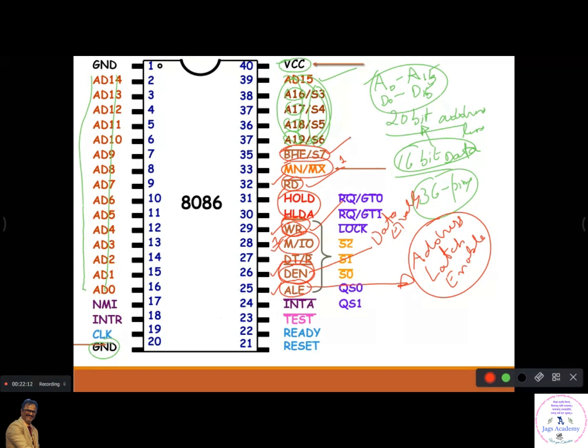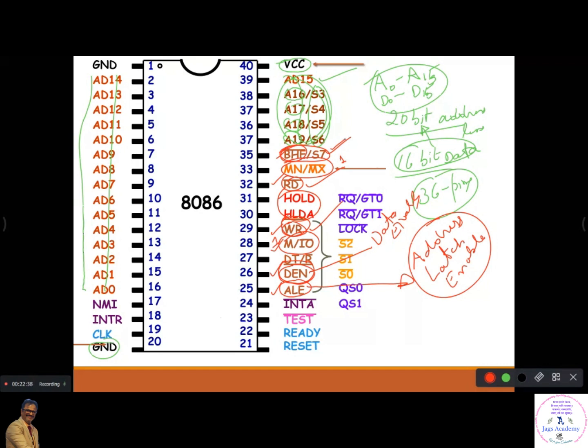D0 to D7 is the lower bits, and D8 to D15 is going to be the higher bits. You know about it. Suppose you want to take control of only the higher data lines, then you use this bus high enable. You make the bus high enable signal 0, so that the microprocessor will take care of only the higher bits.